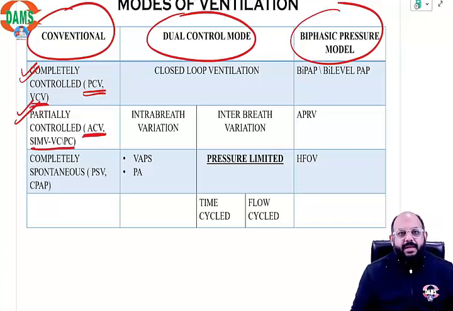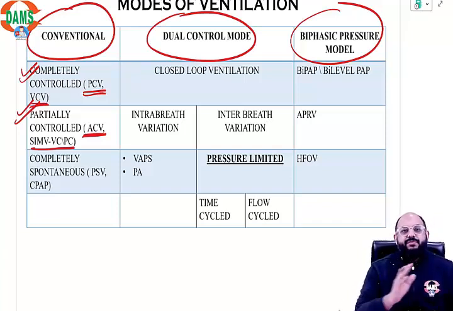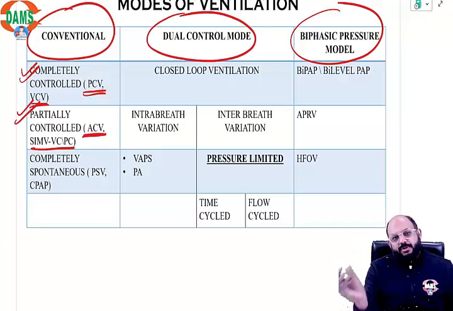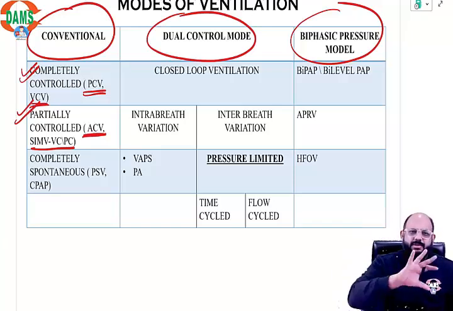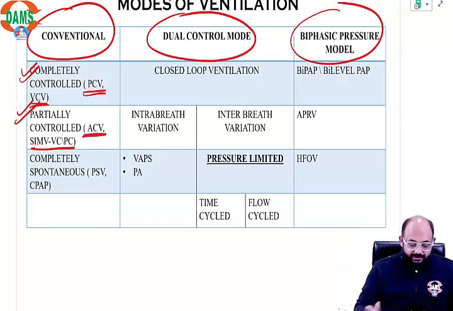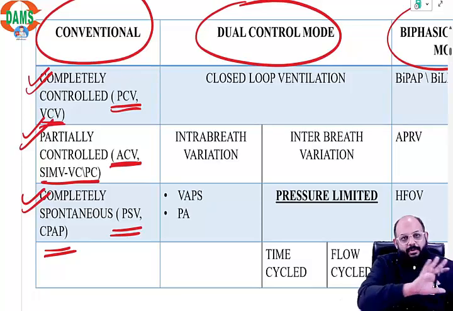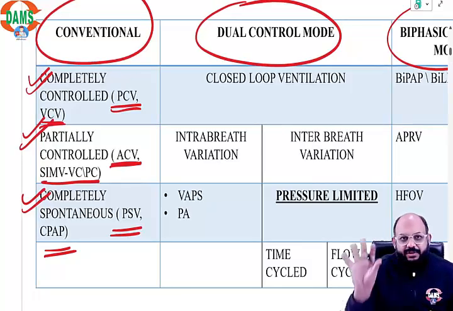SIMV, which is synchronized intermittent mandatory ventilation, which we discussed in detail, can either be pressure control or volume control, it can be SIMV pressure control with spontaneous breaths, can be pressure supported. So it's a combination of a lot of things. And then completely spontaneous modes like pressure support ventilation and continuous positive airway pressure, or CPAP. All right. This is something that we have already discussed in detail and finished.